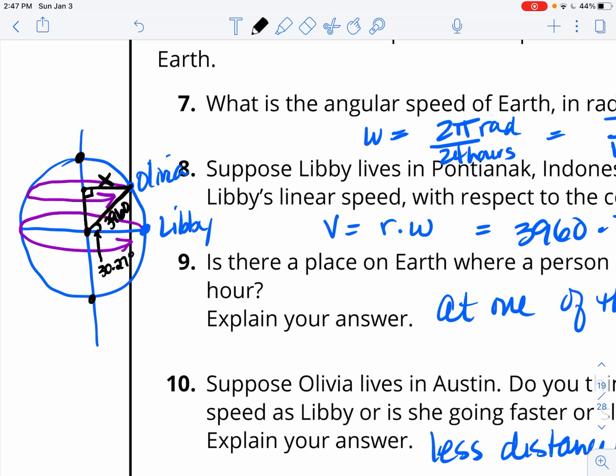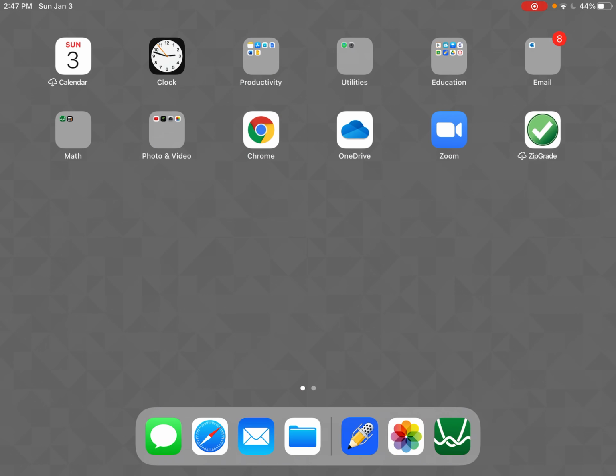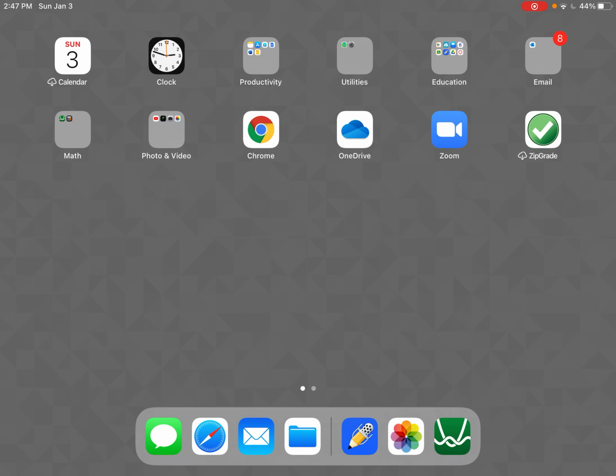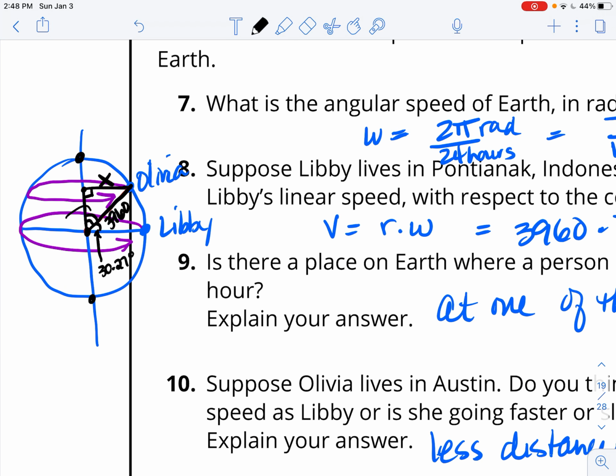And if the angle on the exterior is 30.27, its complementary angle is 90 minus 30.27, which is 59.73. The angle on the inside is 59.73 degrees.